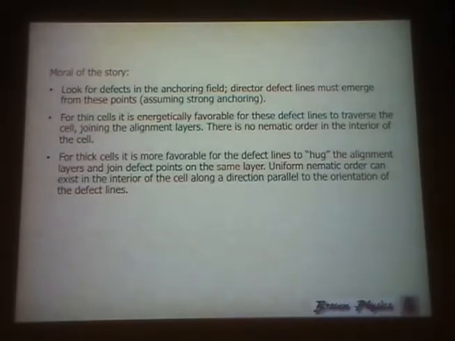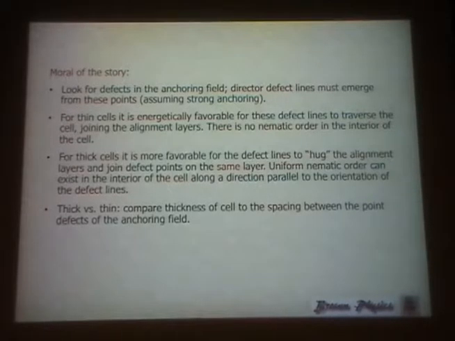For thick, it's energetically favorable to not join the layers, but just to have the defect lines hug the layers. And remember that if you have a thick cell, then you can actually have nematic order in the cell. And thick versus thin is just a matter of comparing the thickness to the spacing between the point defects.